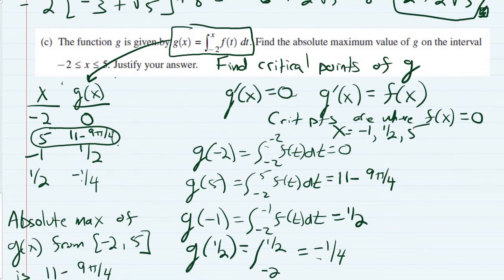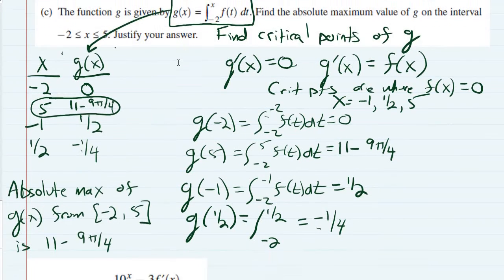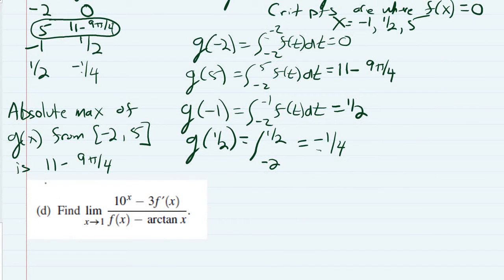Now this question was asking us specifically, find the absolute maximum value of g on the interval. So they wanted me to answer what is the maximum value. This is the maximum value, and obviously it occurs at the endpoint of the interval at x equals 5.